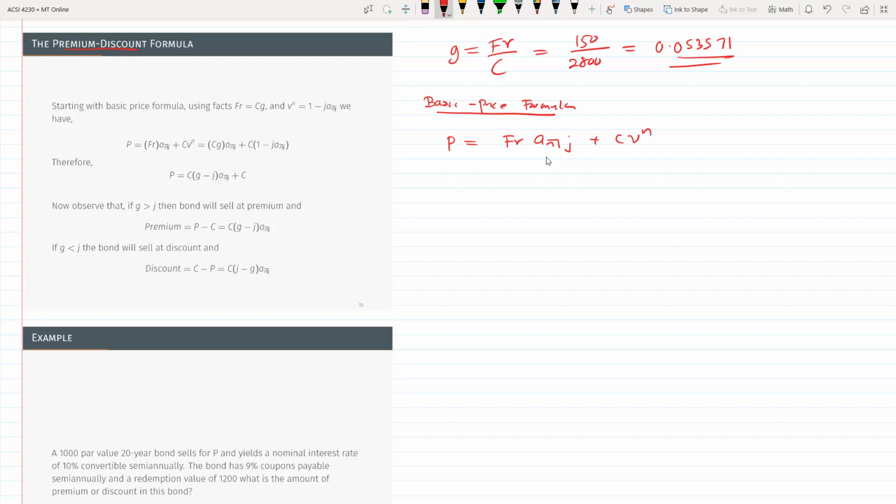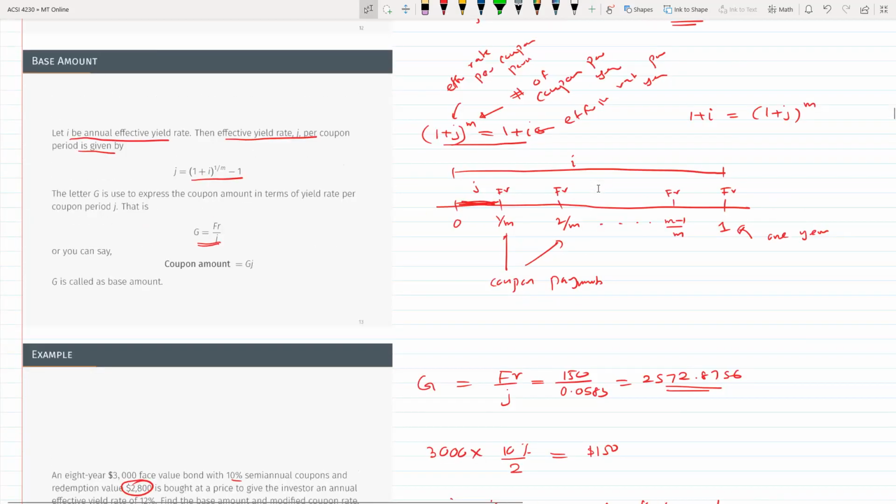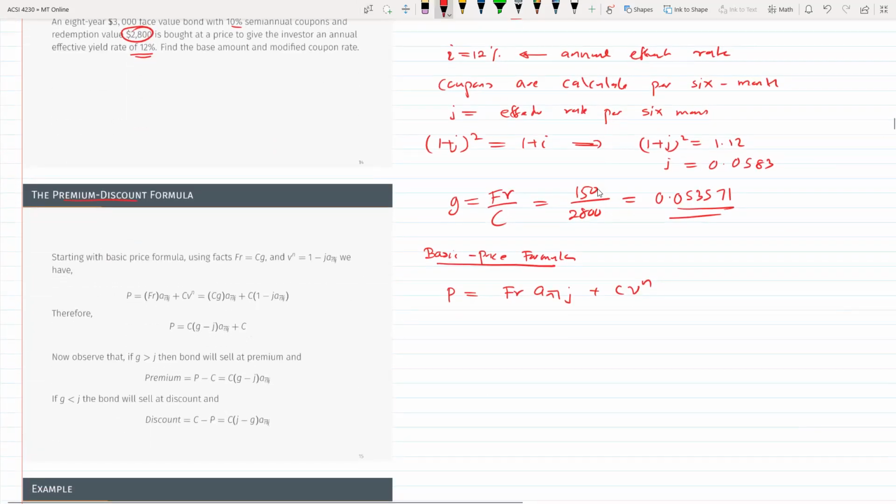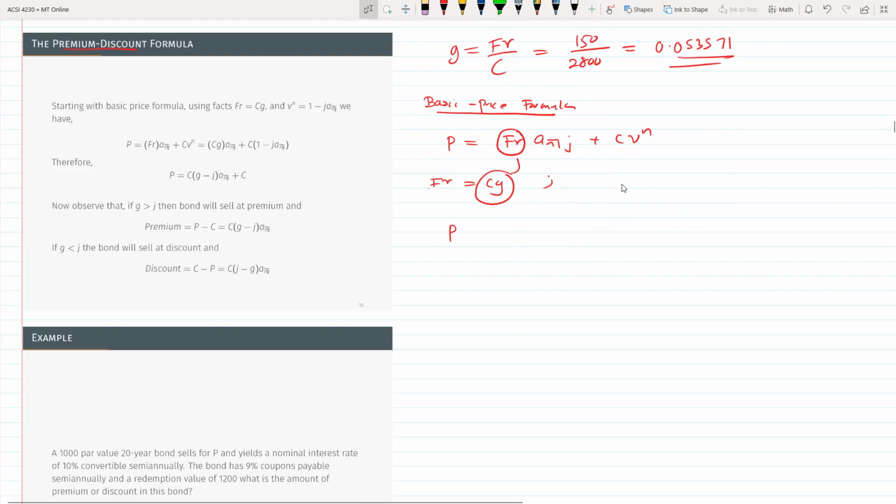But we know from our previous two formulas, base amount and modified coupon rate, that Fr is C times G, so you can replace Fr by CG. So let's do that. And then also you can see that v^n, I can use the formula for the annuity. So what's the formula for the annuity? a_n|j is what? 1 minus v^n over j.